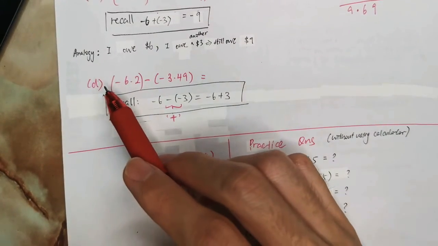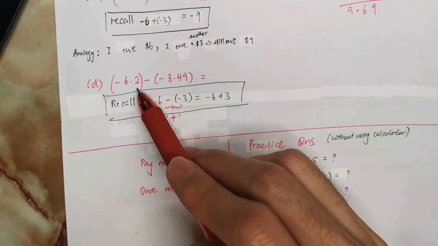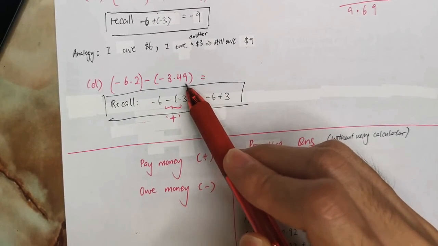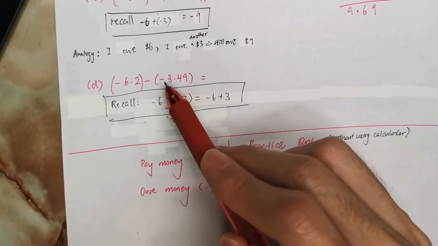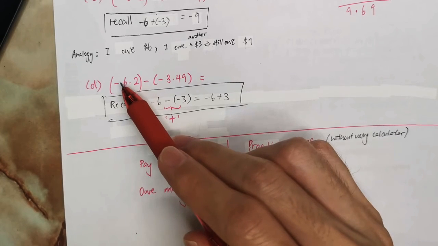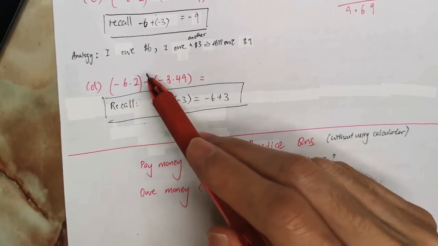For the next part, part D, it is negative 6.2 minus negative 3.49. Whenever I deal with negative numbers, I will always put a bracket so that I won't confuse myself with the different negative, positive, divide or times.